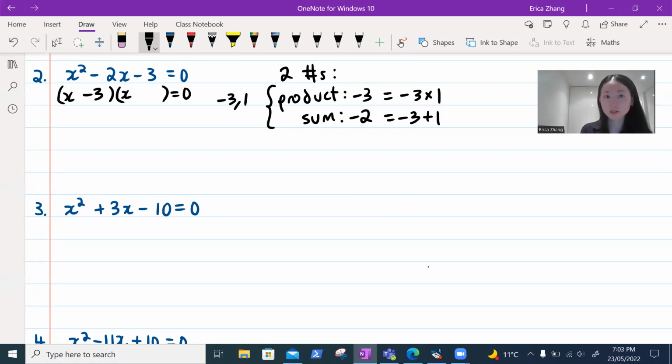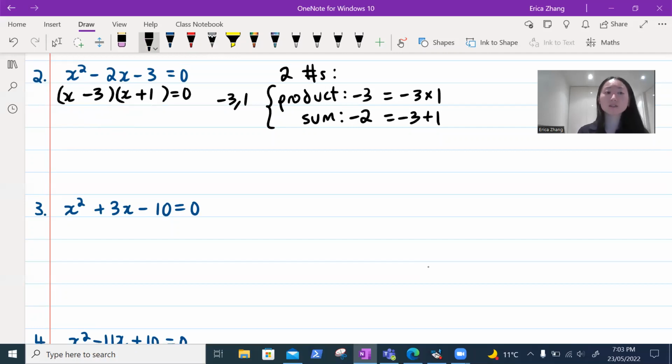The signs clearly do matter, and x plus 1, okay? Let's check by hand that this gives us what we want. So x times x is of course x squared, -3 times x plus 1 times x is -2x, and then -3 times +1 is -3.